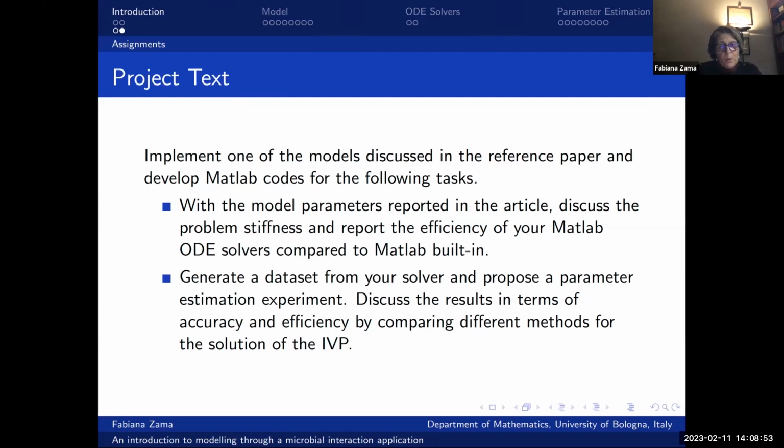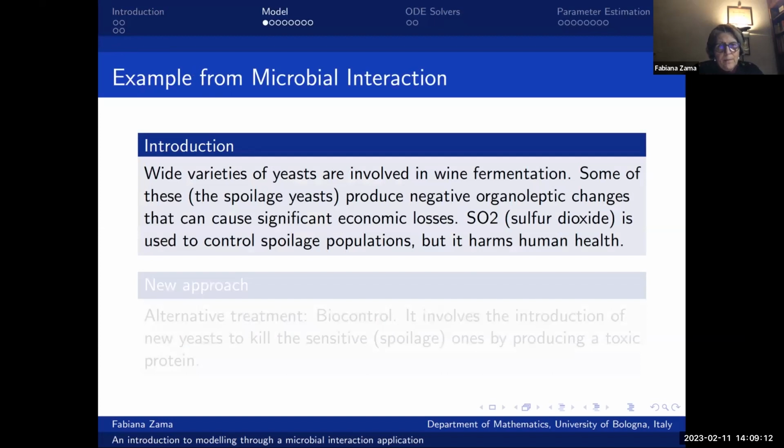And we will see that this model is quite complex, and the fact that they were not able at the end to estimate all the parameters, they had to estimate one parameter at a time. And this was part of the difficult things that they had to face during their project.